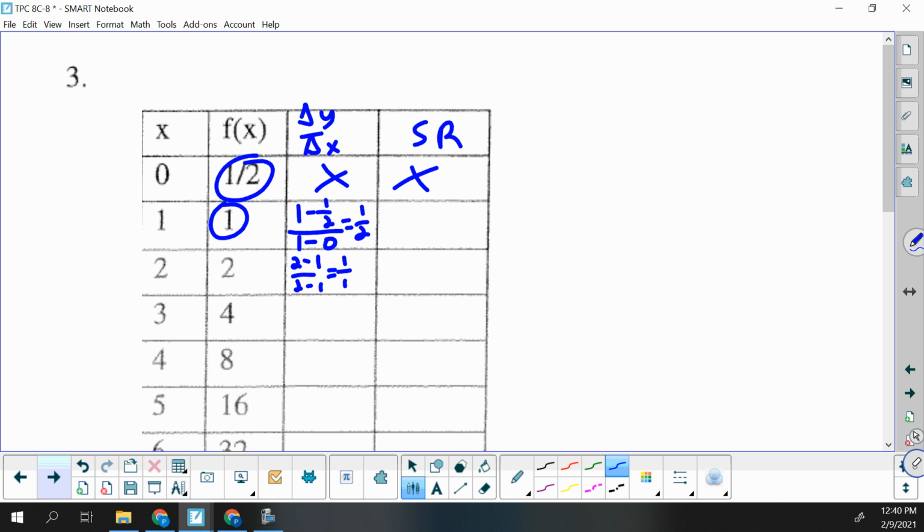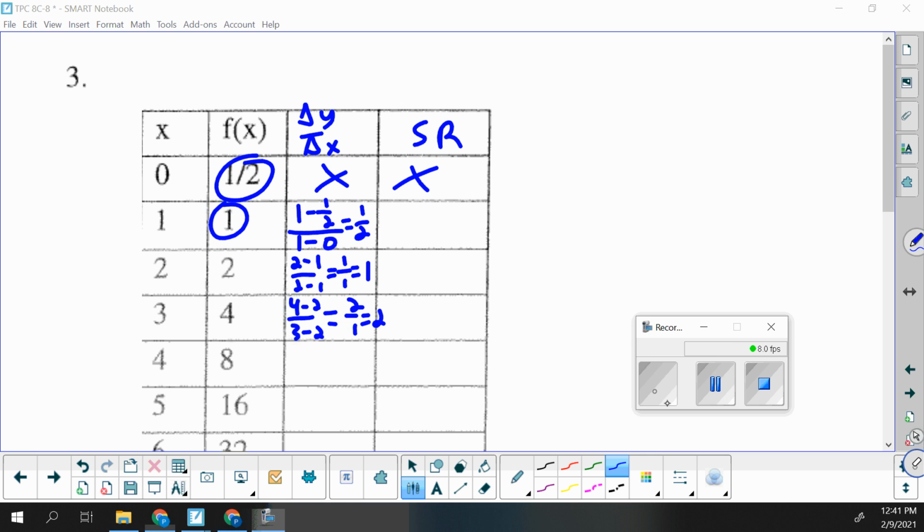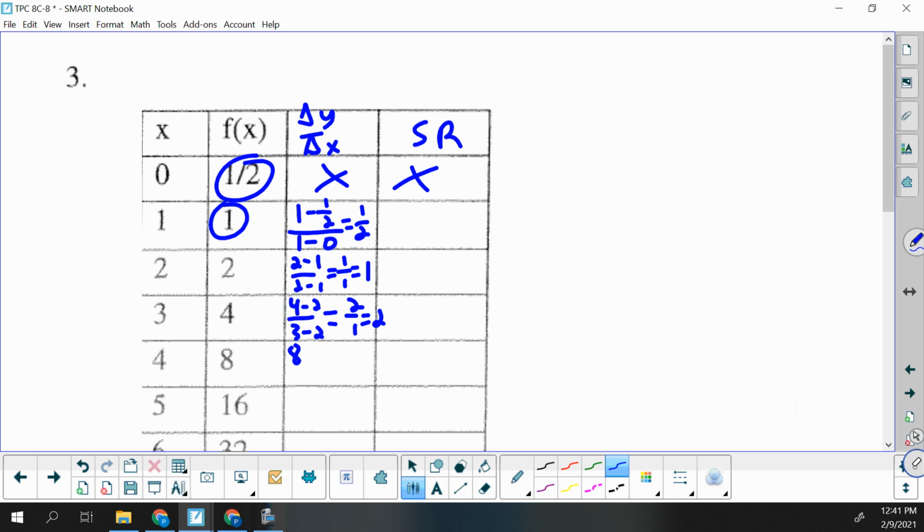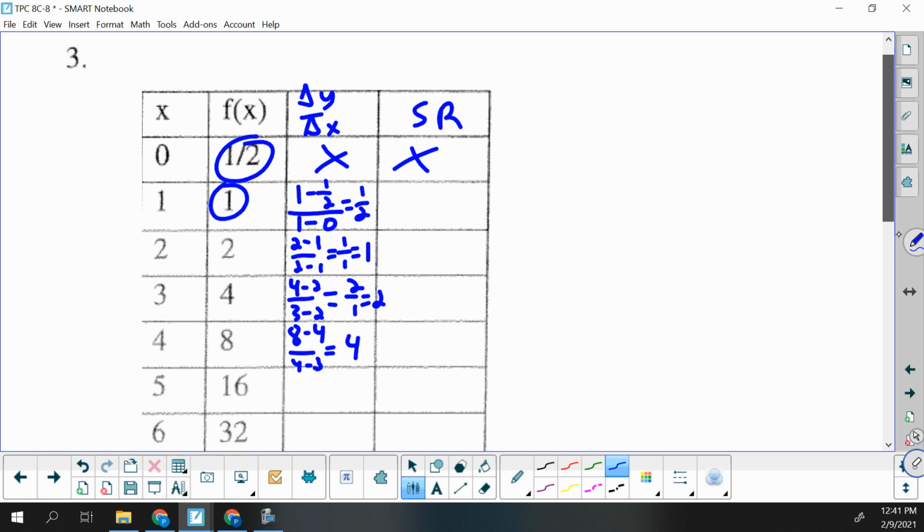So that'll give us 1 over 1, which is 1. Next we'll do 4 minus 2 over 3 minus 2. That'll give us 2 over 1, which is 2. If we keep going, 8 minus 4 over 4 minus 3 will give us 4 over 1, which is 4.